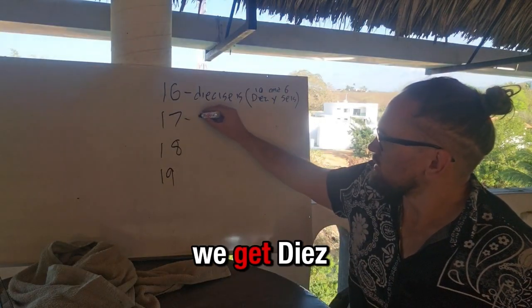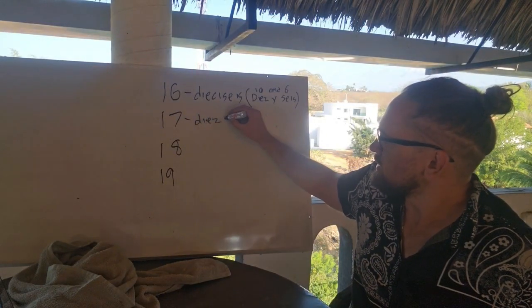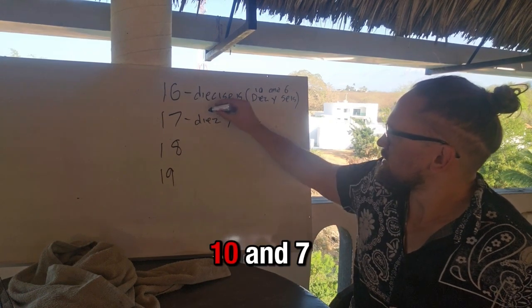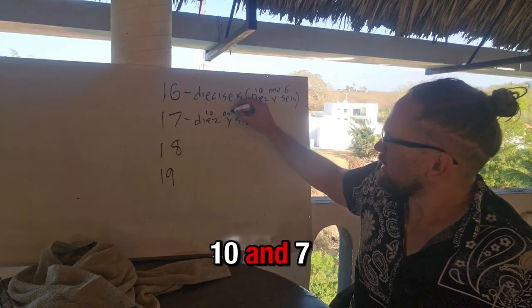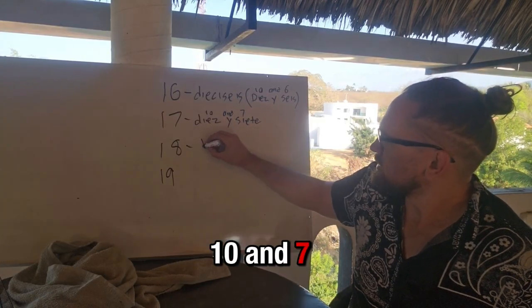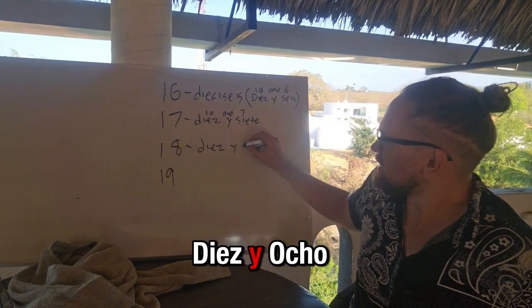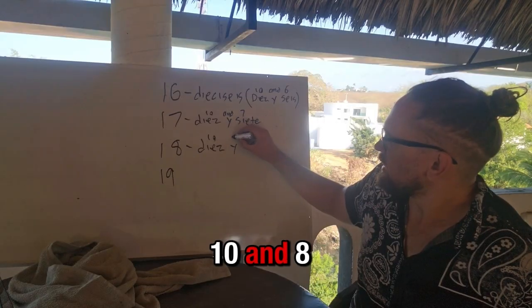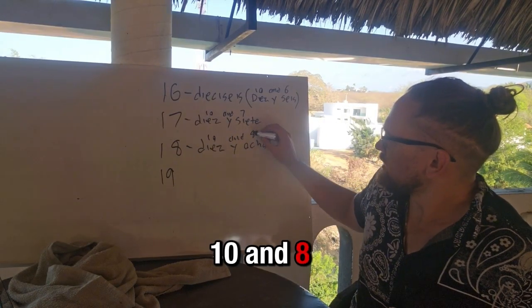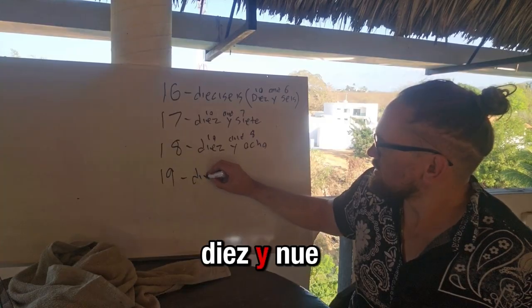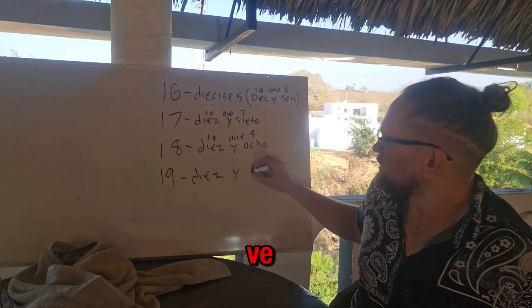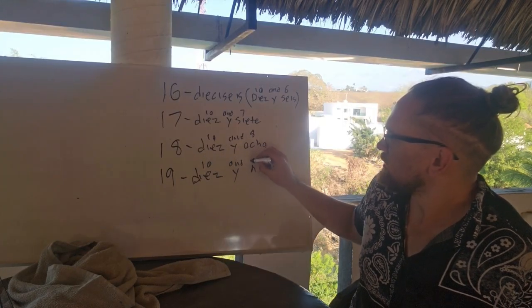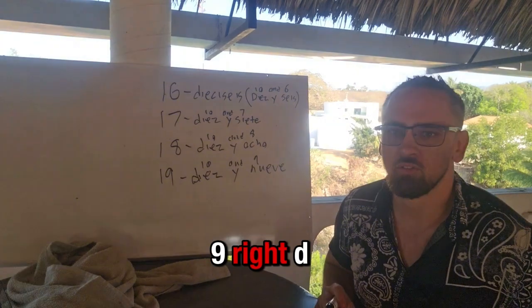So then we get 10 y 7, 10 and 7, 10 y 8, 10 and 8, 10 y 9, 10 and 9, right?